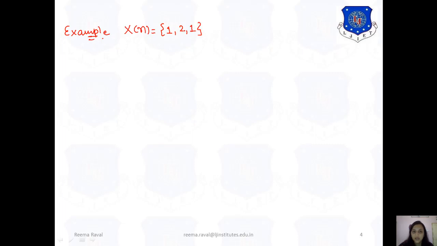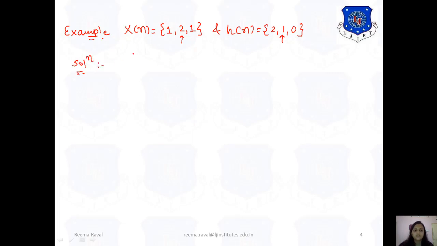The arrow is given at the second position, which indicates the zero or origin position, and h of n is given as 2, 1, 0. Again the arrow is given at the second position. First of all we need to define the range of n, and then the range of k.